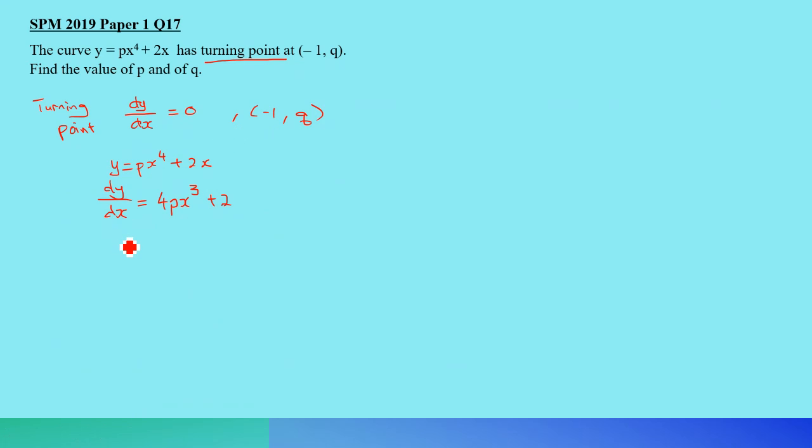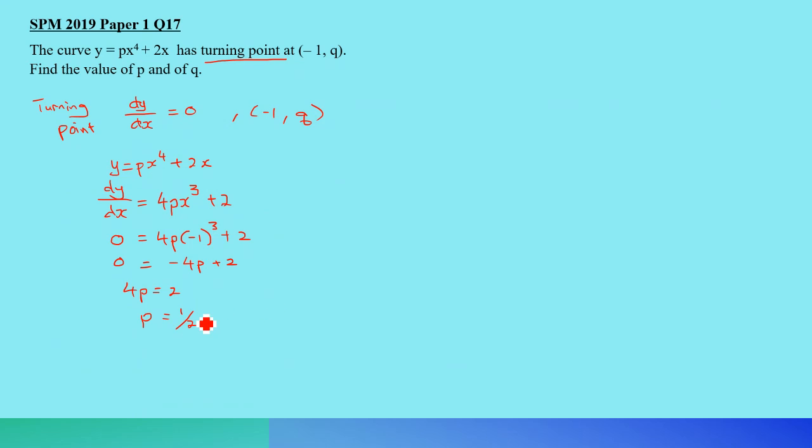So we put dy/dx is 0 when x equals negative 1. From here, it is very clear that you can find the value for p. Let's simplify this. So you have negative 4p plus 2. So 4p equals 2, so p equals half. So you have found your p.